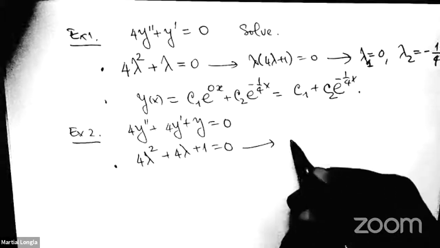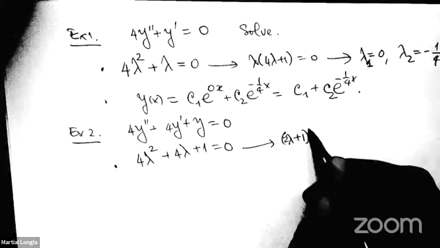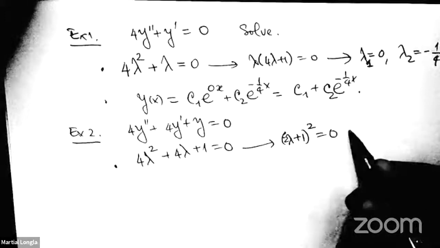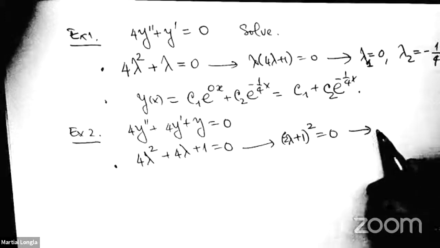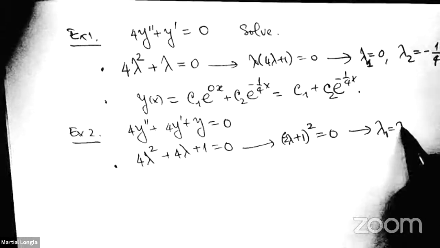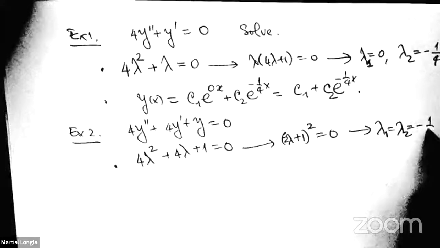Here, for me, I will see 2 lambda plus 1 squared equals 0. This is what that equation is. And because it's squared, that tells me I have a double root because of the square on this thing. So lambda 1 equals lambda 2 equals negative 1/2.